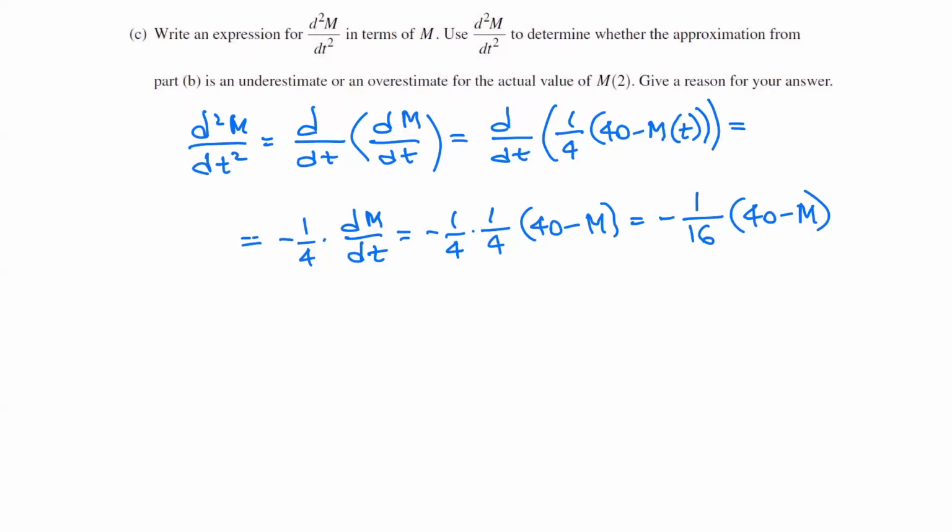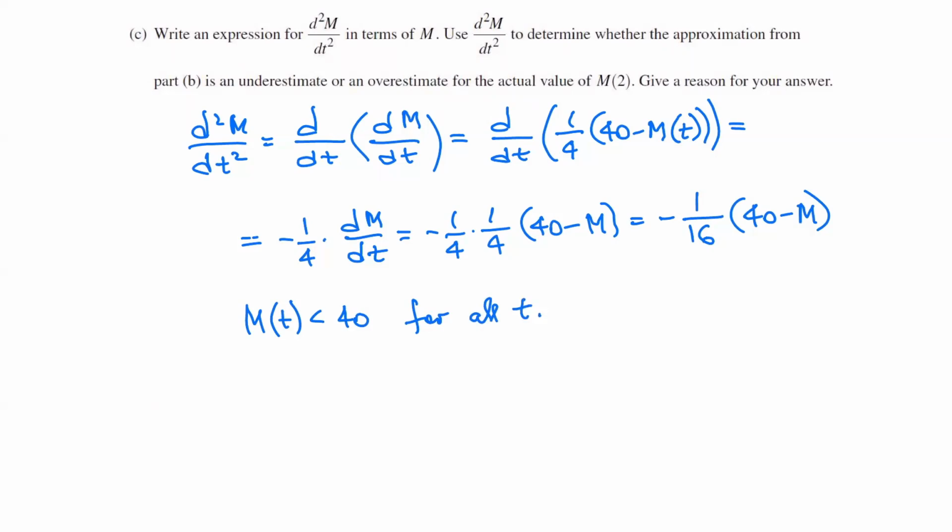And remember that one of the conditions in the description of the problem was that m of t is less than 40 for all t.